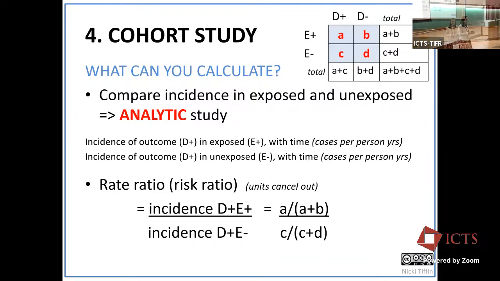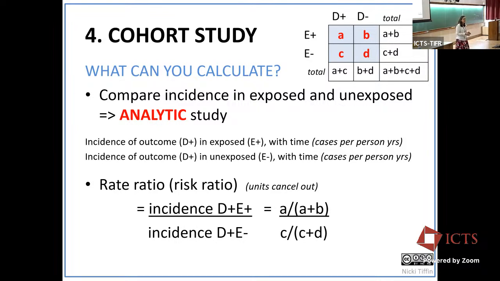But just to understand, the incidence comes with units. The incidence unit is cases per person, years. So how many years have people been in the study and how many cases have there been per person per year? So you have to factor in that there's a time element because this is measured over time.